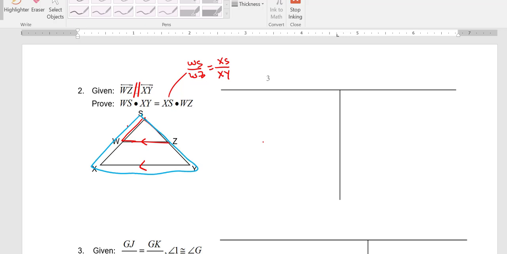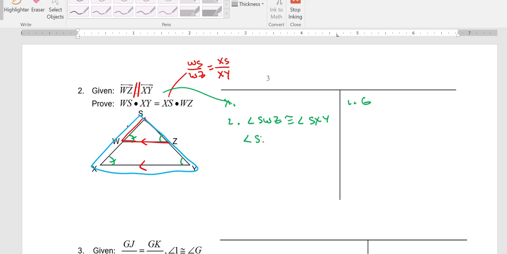Okay, so let's get these triangles similar. So step 1, you got parallel lines. Step 2, I can say that this angle is congruent to this angle. So angle SWZ is congruent to angle SXY. I can also say that this one's congruent to this one.